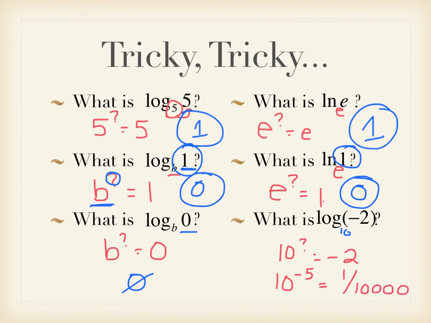But it's never going to turn it negative. So just like it's impossible for it to equal 0, it's also impossible for it to be a negative. So the number in this position always has to be positive. It can't be 0 and it can't be negative. If you end up with something like that, no solution.